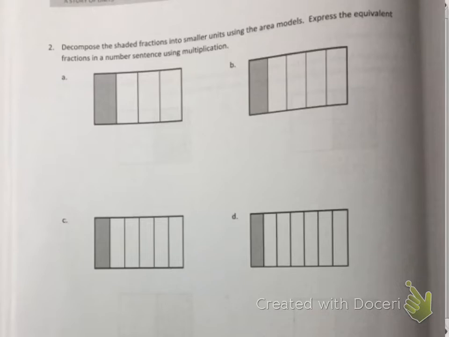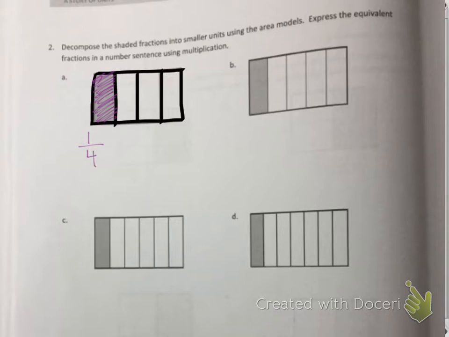So with this one, I am just going to be drawing out our area model. So we have 1/4 here, okay? And so what I'm going to do is I'm going to write this out again, and then here I'm going to be making that multiplication sign, okay?